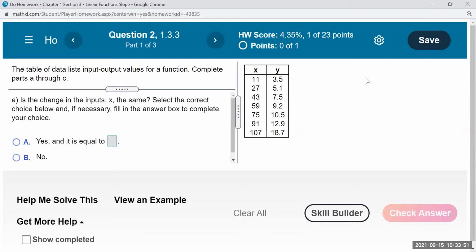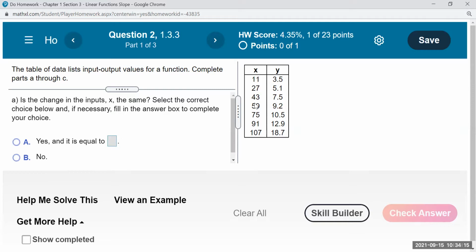It may help if you get a piece of paper and start subtracting these things. 27 minus 11 is what? And those of you who aren't writing stuff down, you should have spit it out already. Is what? 27 minus 11.